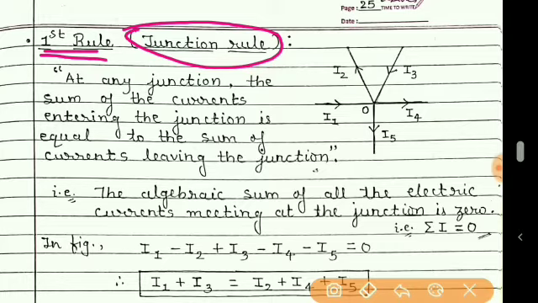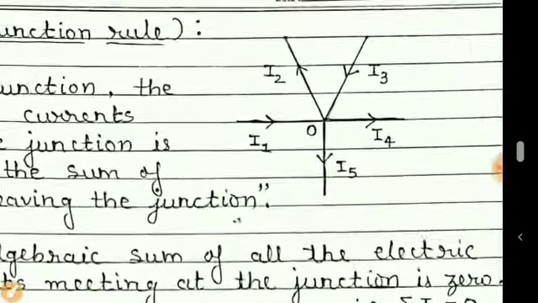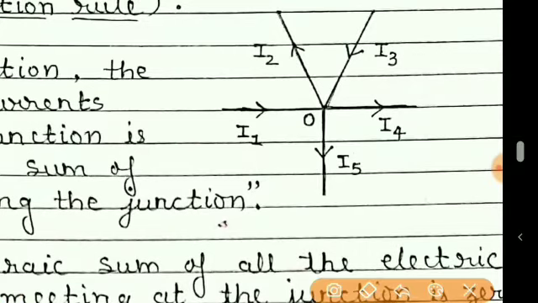So here in the figure you can see this is a junction point. You can see here the currents are meeting and moving away. So at this point the currents meet, and so we call that point a junction point. Now students, the charge can never accumulate at any point.